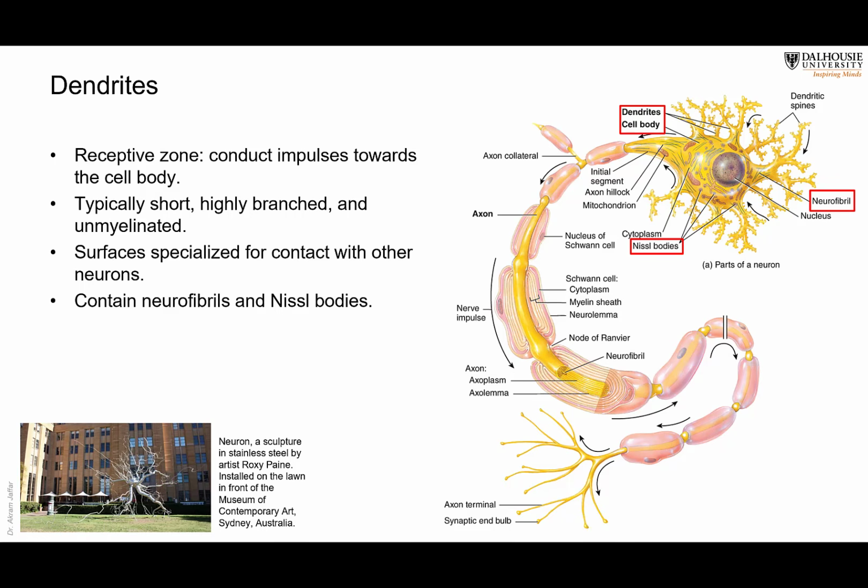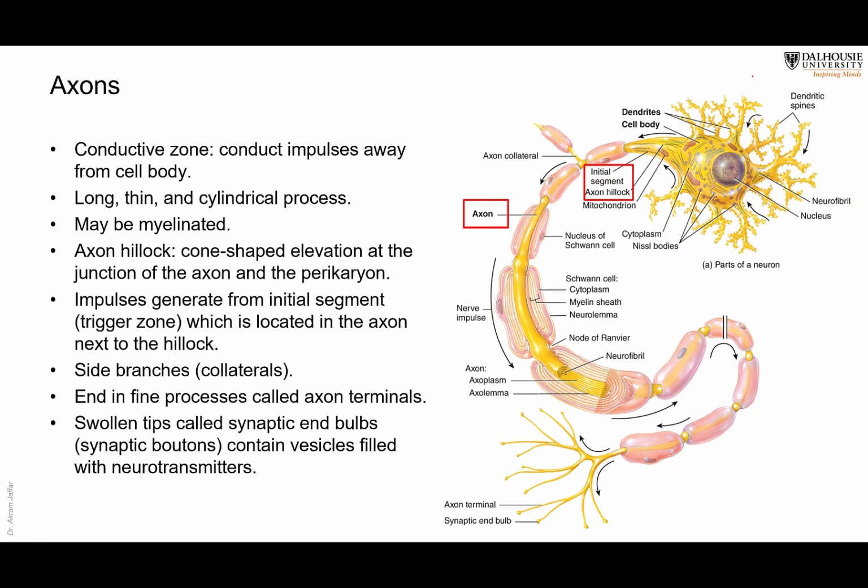They are unmyelinated; they don't need the myelin sheath wrapped around them. And they have many specializations for synapses to connect with other cells. Another axon might come in here and connect with these from other cells. Sometimes it's another dendrite, but usually it is from another axon. And again, they contain neurofibrils and Nissl substance.